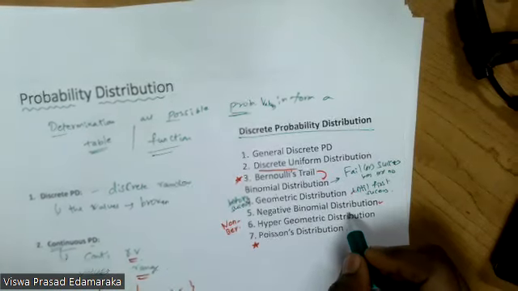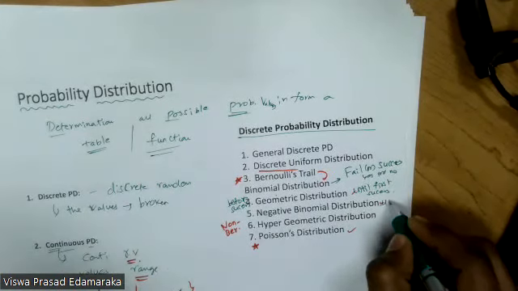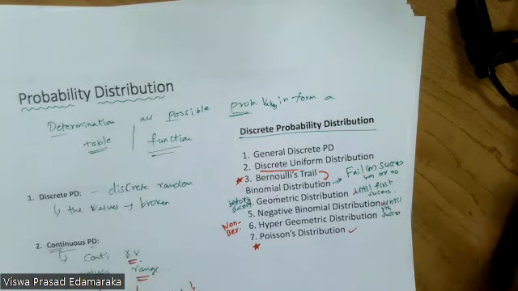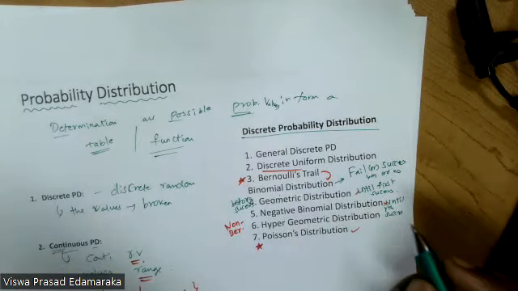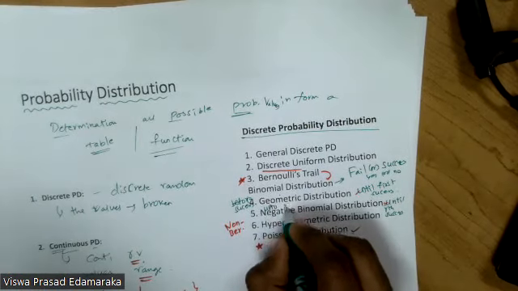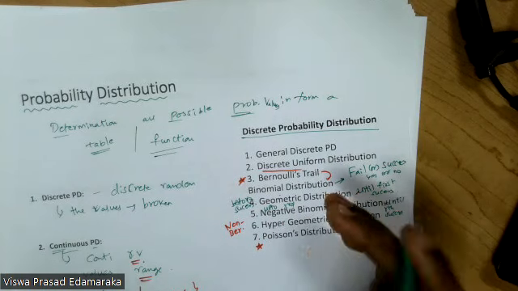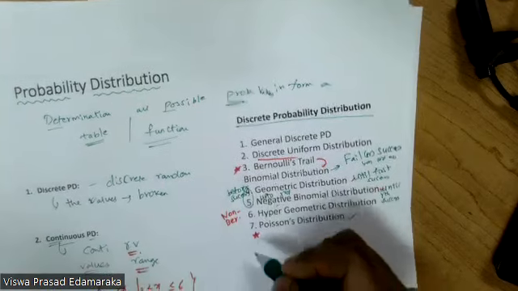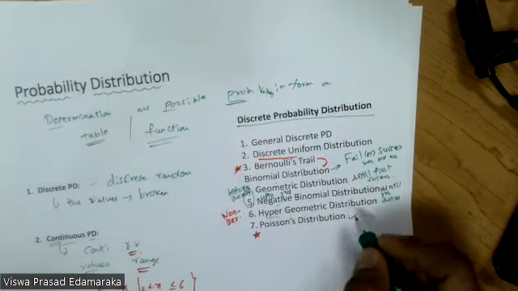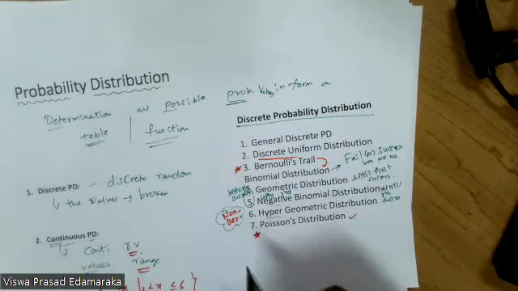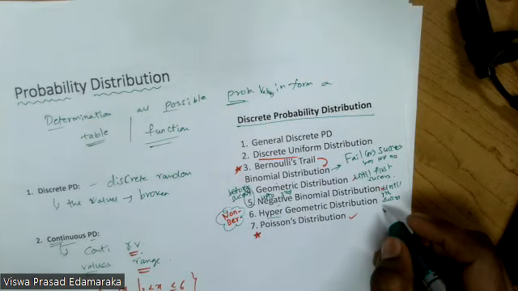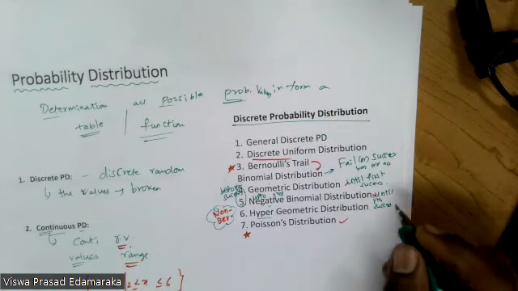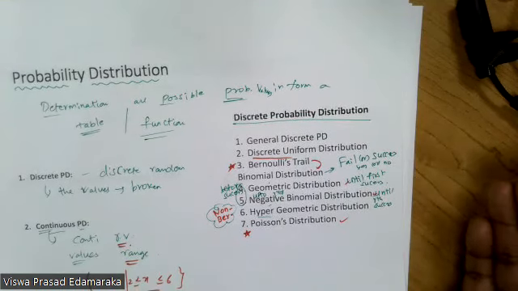Next, negative binomial distribution. He'll give until rth success, like up to third success, before fourth success. So he'll give the rth value for negative binomial distribution. Hypergeometric distribution is for non-Bernoulli trial. We can directly identify it because it is without replacement.